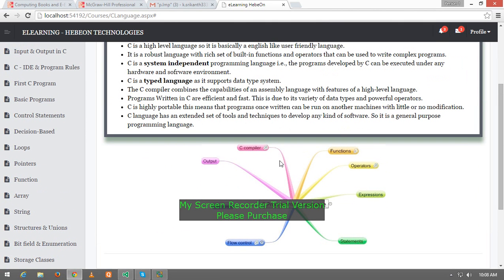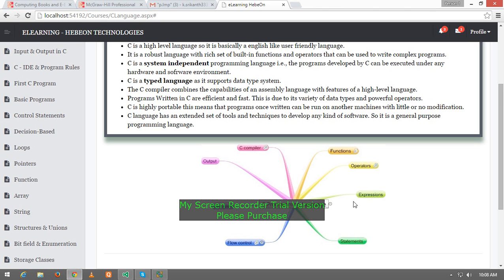Out of this, if we concentrate on C compiler, as we have already said, systems will be able to understand low-level programming language. C is a high-level programming language. In order for the system to understand this high-level programming language, we need the coding of high-level programming language to be converted into low-level programming language. That conversion is done by a converter, which can be called a compiler.